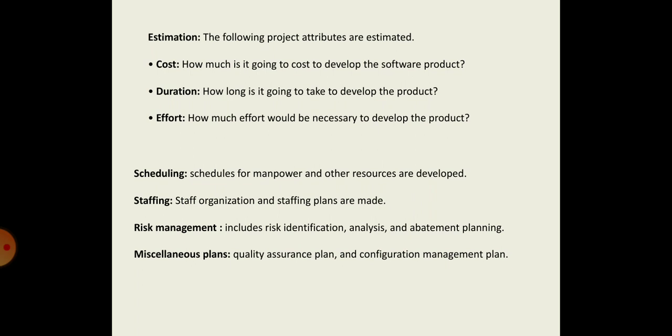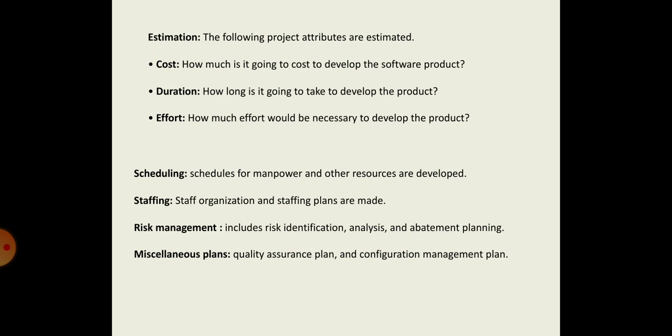First one is the cost estimation. How much is it going to cost to develop a software? It is an important one. The expense of the software needs to be estimated before the development activities begin.